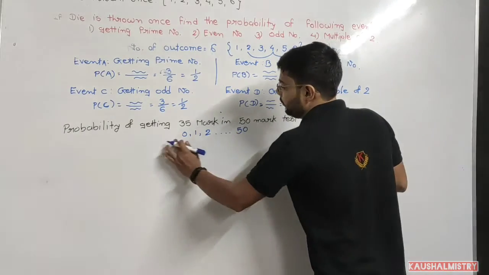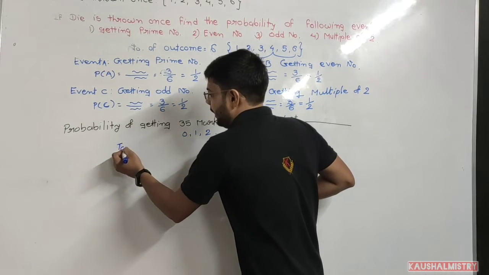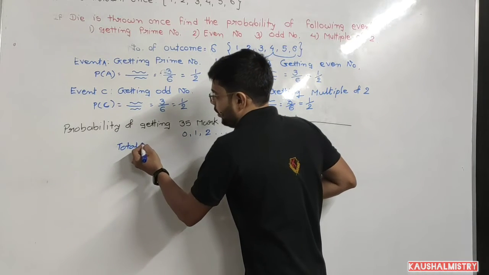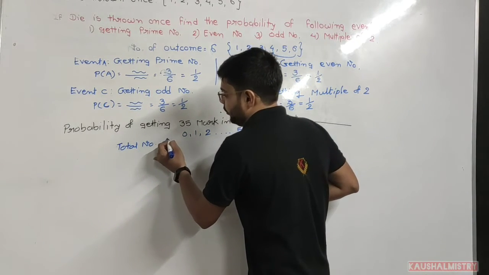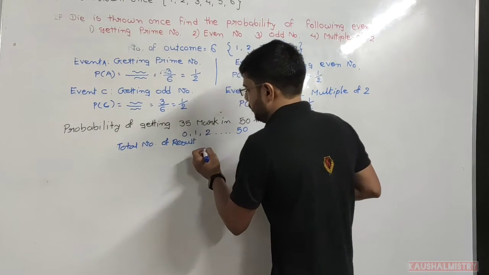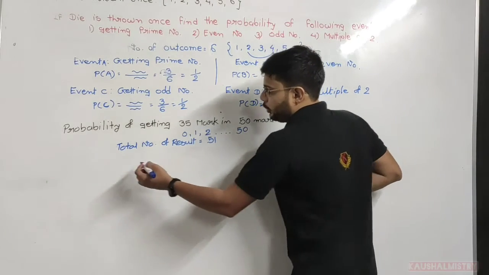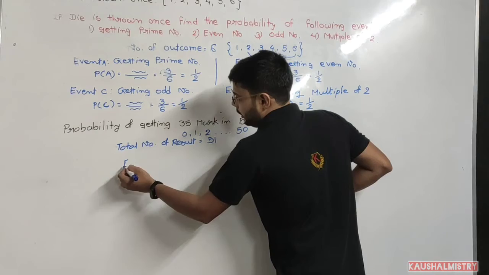Total 51 types of marks you can score. So the total number of results possible will be 51.